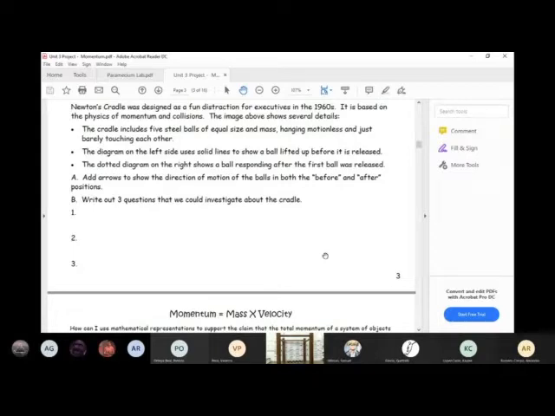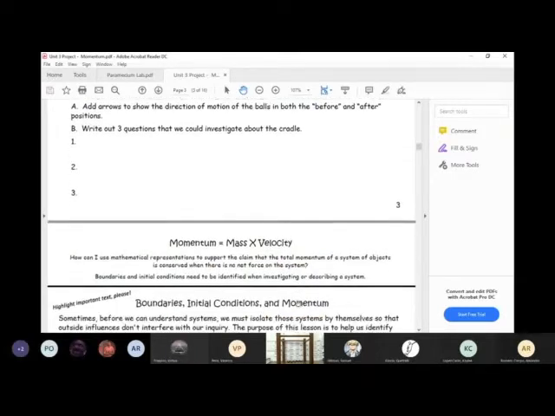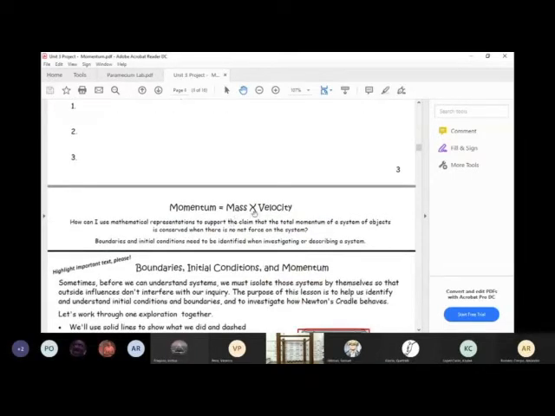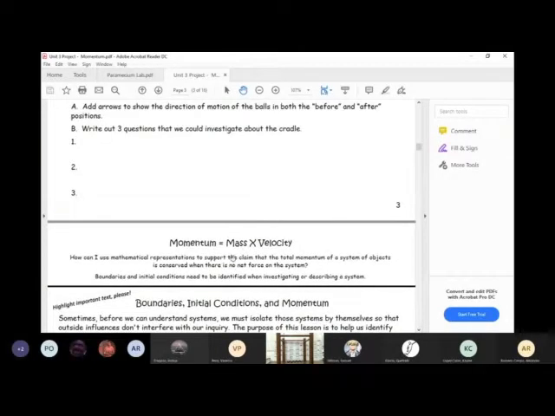And remember, momentum has 2 parts. Oh, and there it is right there, huh? So at the top of every page, momentum is the mass times the velocity. And the way we will represent that, or the way we will modify that with Newton's cradle to study these 2 major factors, these 2 big variables.